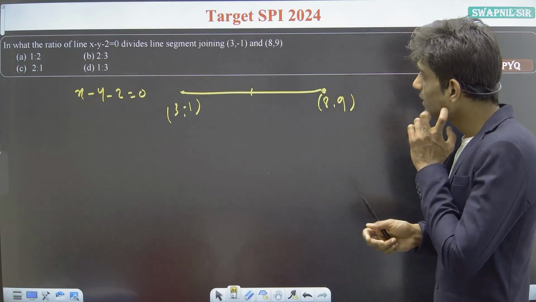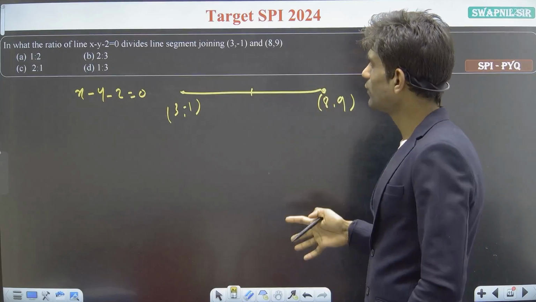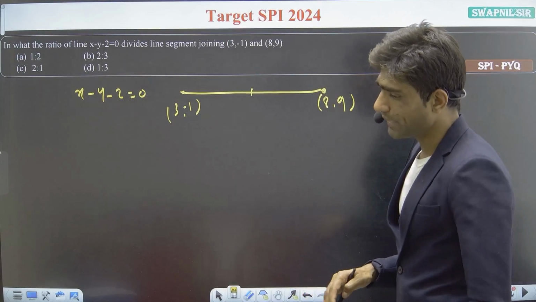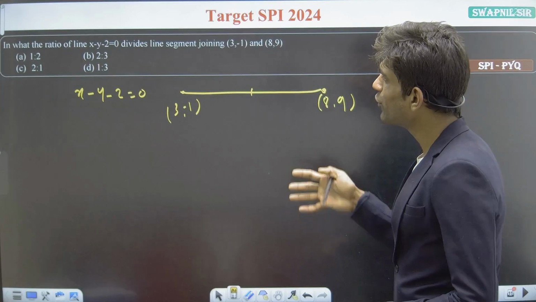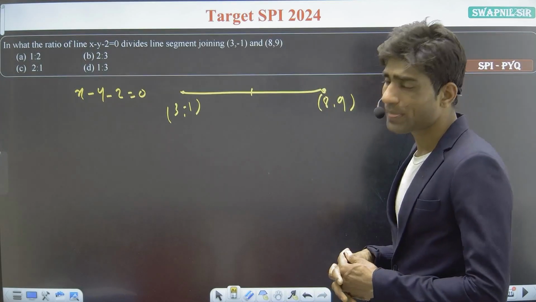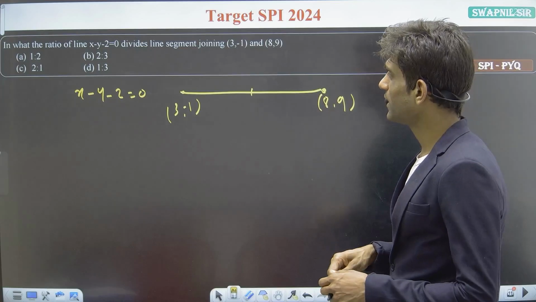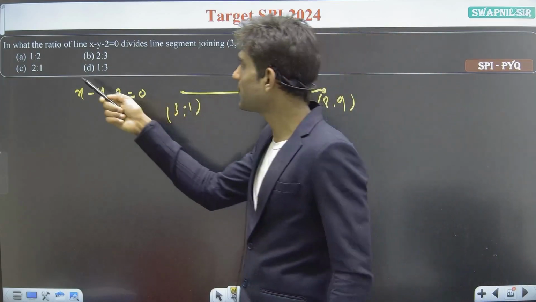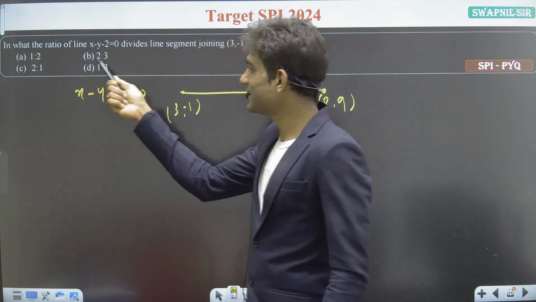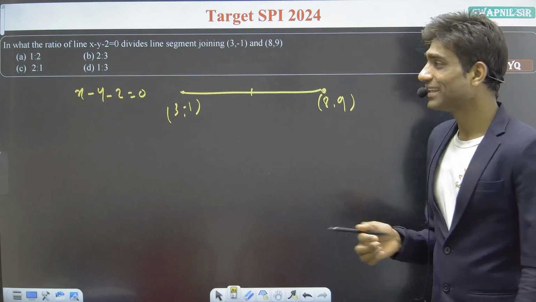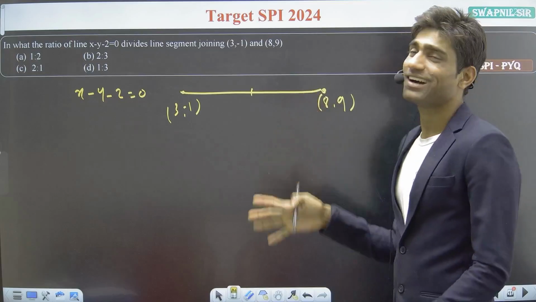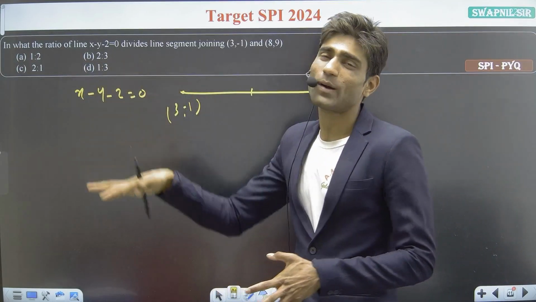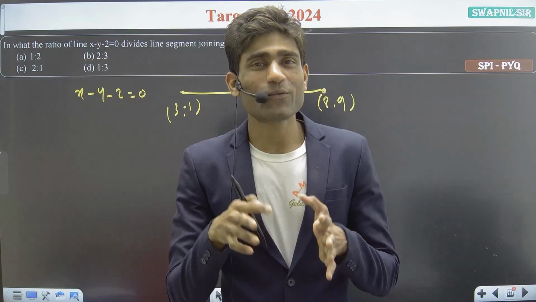We don't have the ratio given for our section formula, so we have to find it here. The points are given in the form of m is to n.